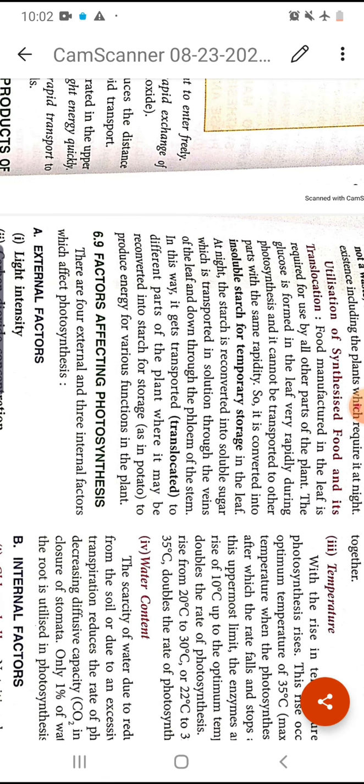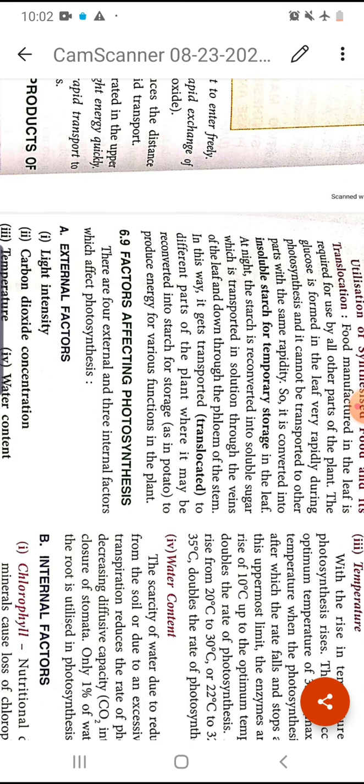And sometimes some insoluble starch can be stored temporarily in the leaf, and at night the starch is reconverted into soluble sugar, which is transported in solution form from the leaf veins and also through the phloem of the stem, because you know that phloem tissue helps in transportation of food.